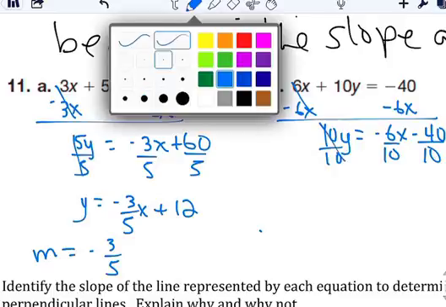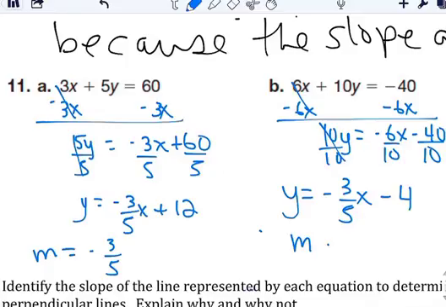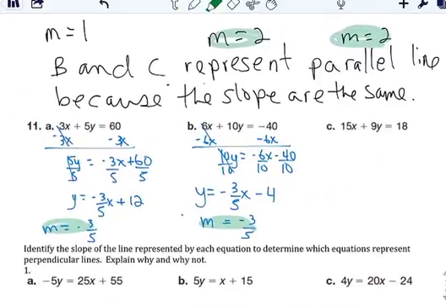That gives you y equals negative, reduce that to 3 over 5x minus 4. So m here is negative 3 over 5. So these slopes are the same. Most likely these are parallel. Let's see the third one, if it's also parallel to the first two.